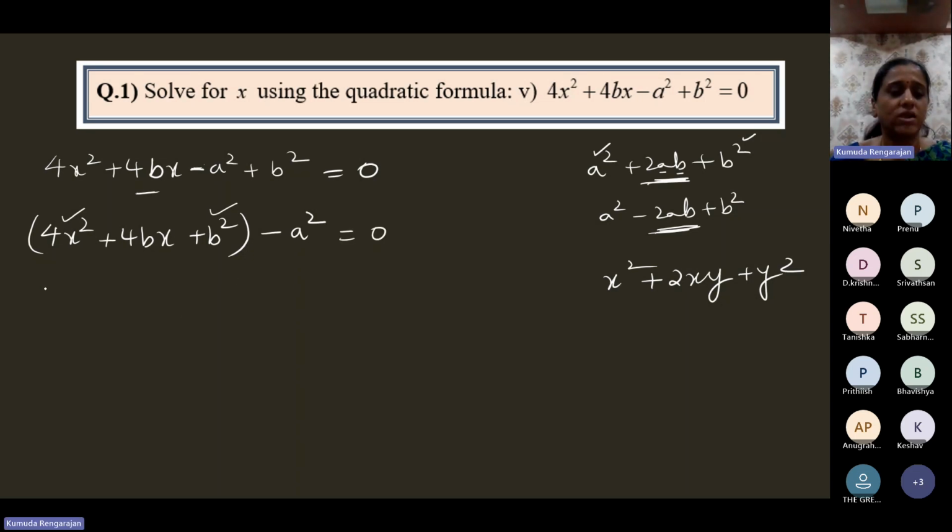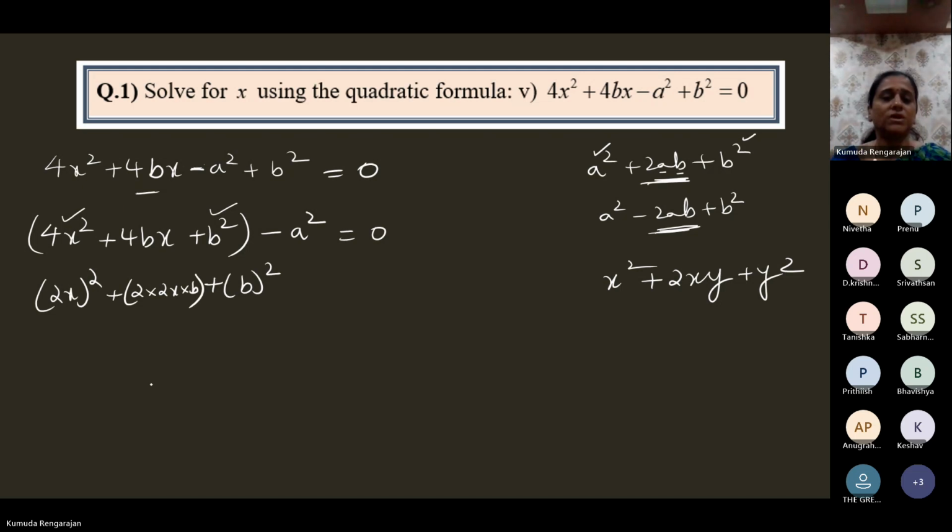So now this is 2x the whole squared plus b the whole squared plus 2 into 2x into b, which is 4bx, minus a the whole square is equal to 0.